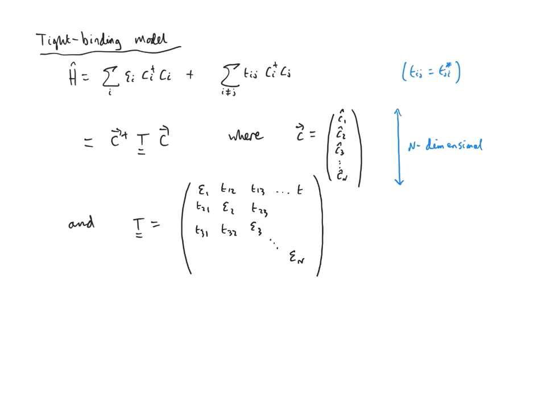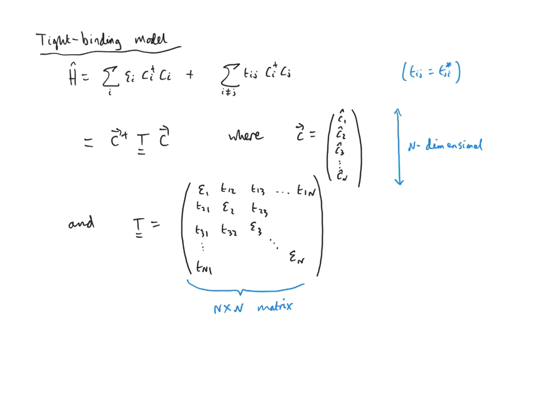So this one goes up to t1n, this one goes down to tn1, and so on. An important feature of this matrix is that it is an n by n matrix of the coefficients that appear in the Hamiltonian, epsilon i and T_ij. And you can see that if I multiply this out, C vector dagger T C vector, I get a scalar quantity, which is precisely the Hamiltonian operator that we started with.